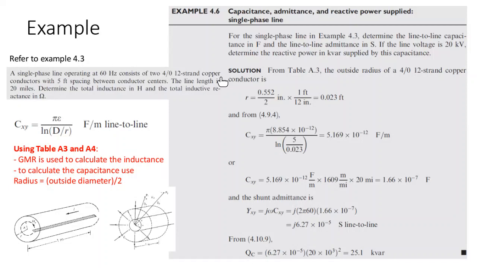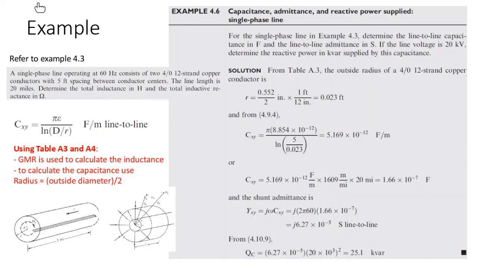If you cannot pay attention, then you need to listen to the lecture again. I will not answer questions about whether to use table A3. You will not be told which table to use. We'll just ask you to find the capacitance or the inductance, and then you will determine what table you will use.